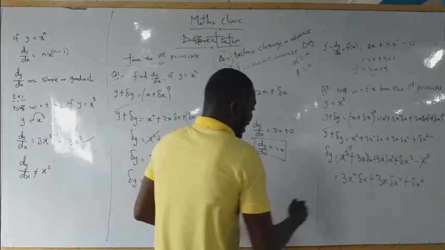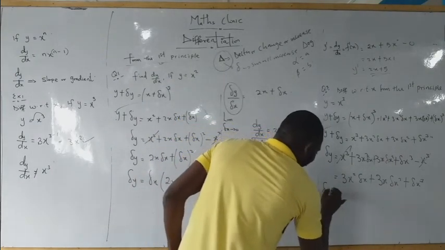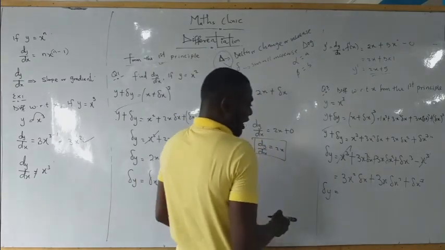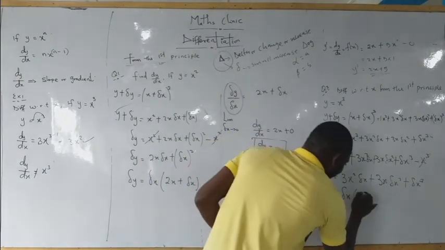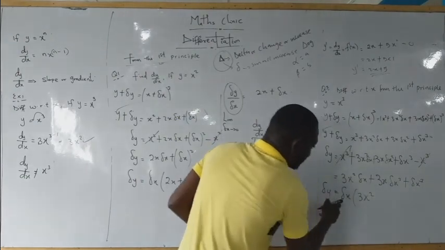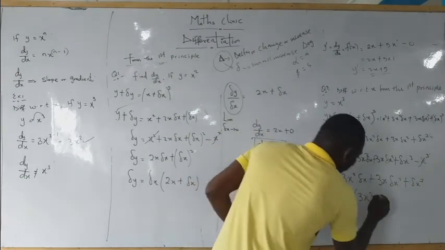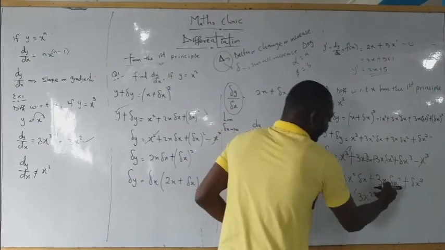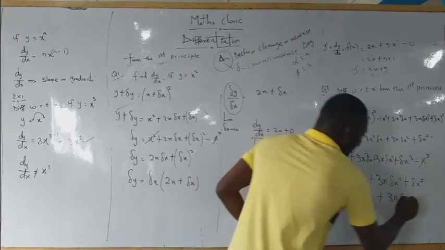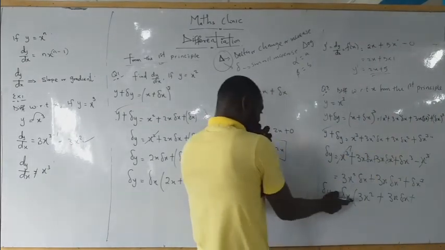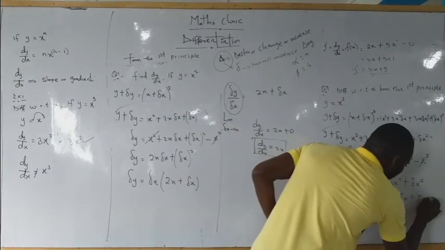So what is common there? Changing x is common. That will be changing x into bracket. We are left with 3x squared; this is outside. Plus, we have 2 of this inside, so we are left with 1 inside. That will be this. Plus, we have 3 of this here, 1 is outside, so we are left with 2.